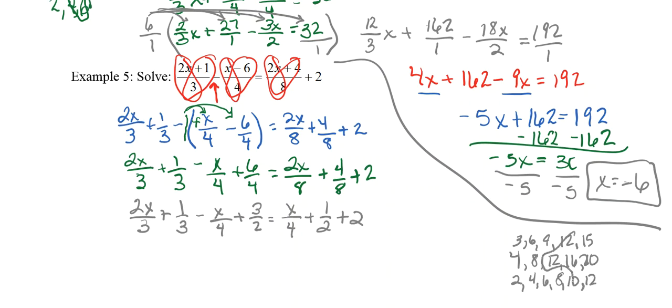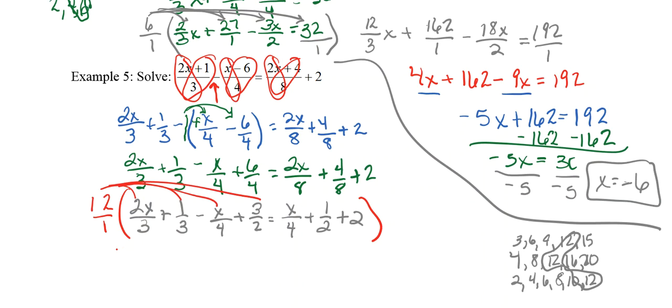So I'm just trying to keep track, and 12 seems to be the one that they'll all go into. Now you don't necessarily have to do that process. If you know what 3, 4, and 2 go into without that, perfect, just jump straight to the answer. So we're going to multiply this big long equation by 12 over 1, and we're going to distribute all the way through.